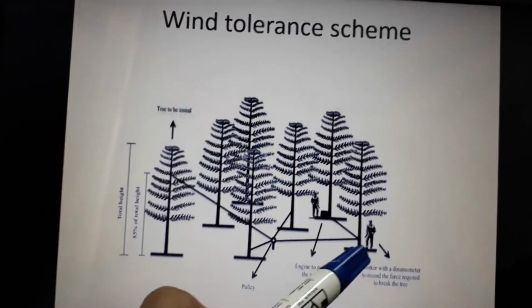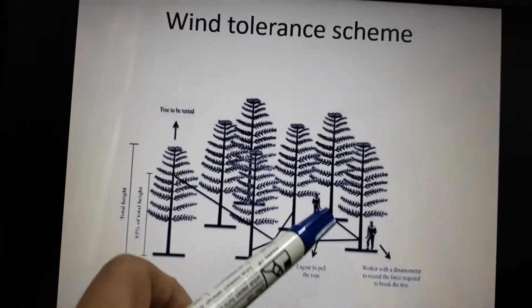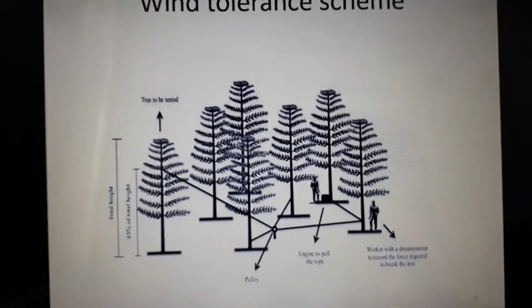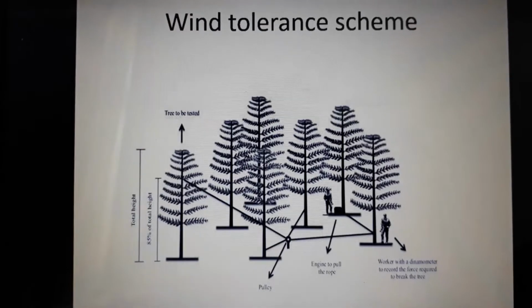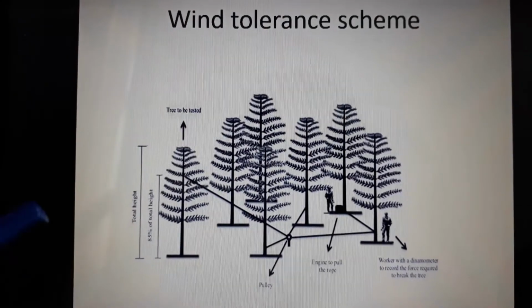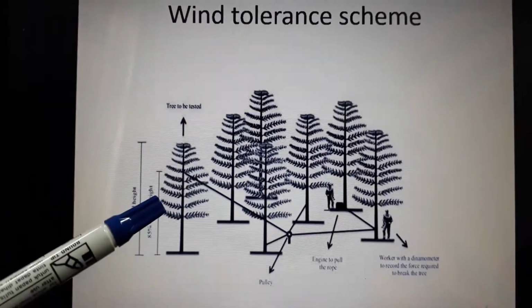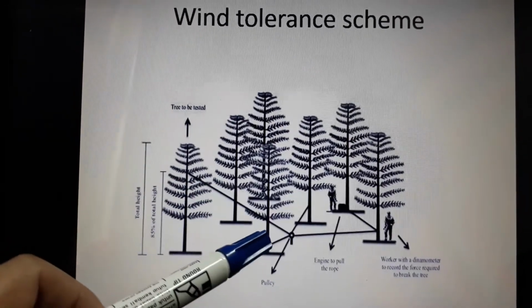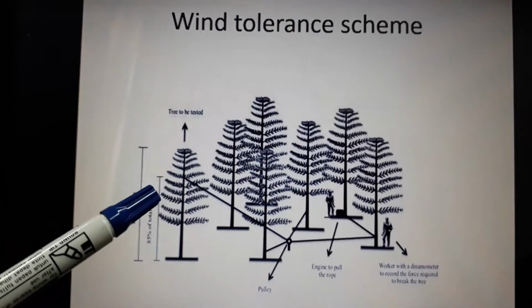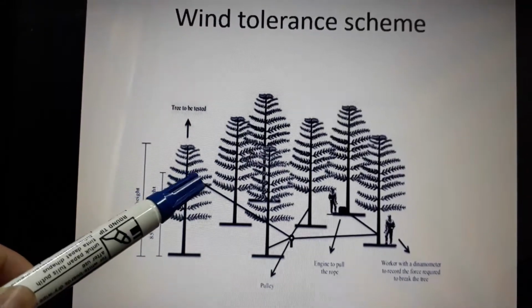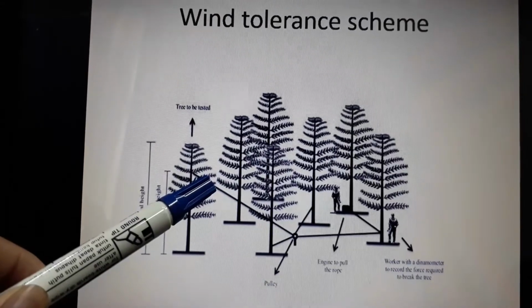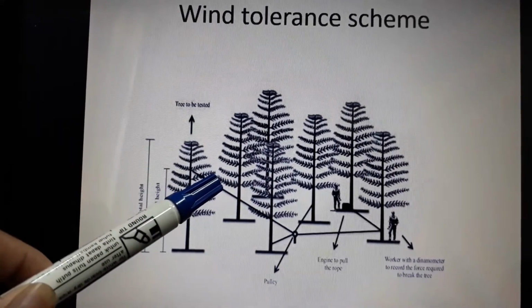Here we put the dynamometer, and then end up with the portable winch. With this scheme, the selected trees will be pulled using the portable winch, and then the trees will lean to a certain degree.